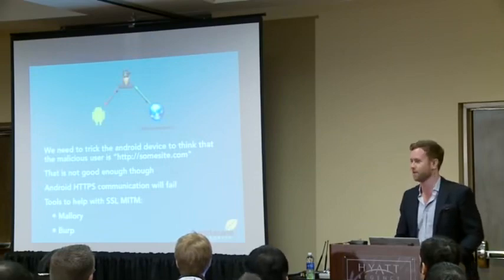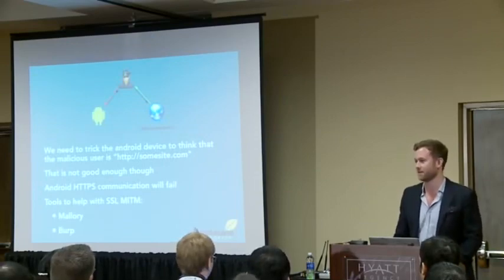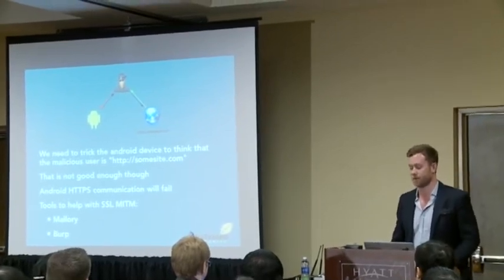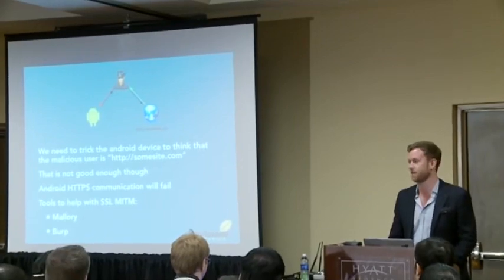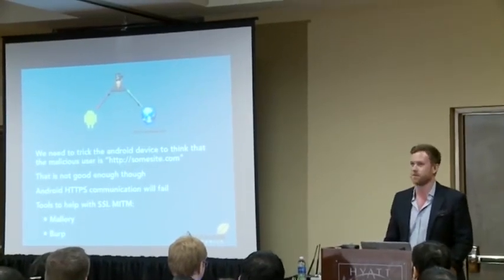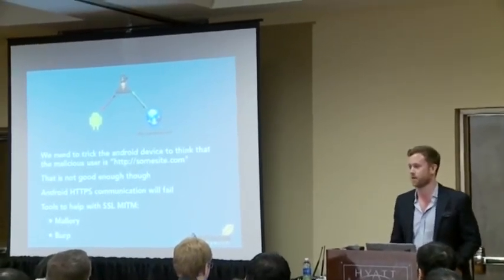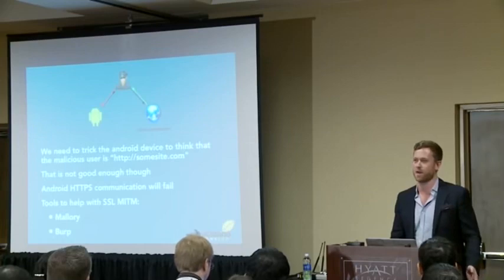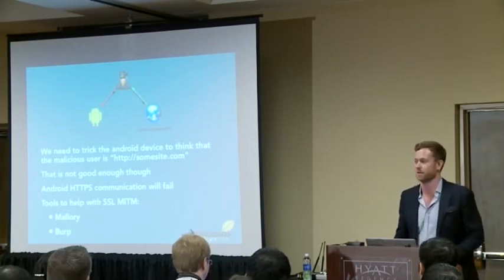I'm assuming that everyone here knows what man-in-the-middling an SSL communication stream entails. However, I'm not sure that everyone has done it on an Android device. The Android operating system works kind of like your browser. When you view an untrusted endpoint, it checks its local trust store, and if that endpoint is not trusted, it throws an exception.